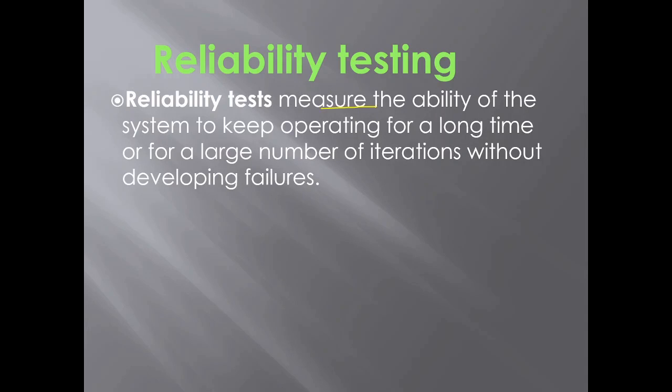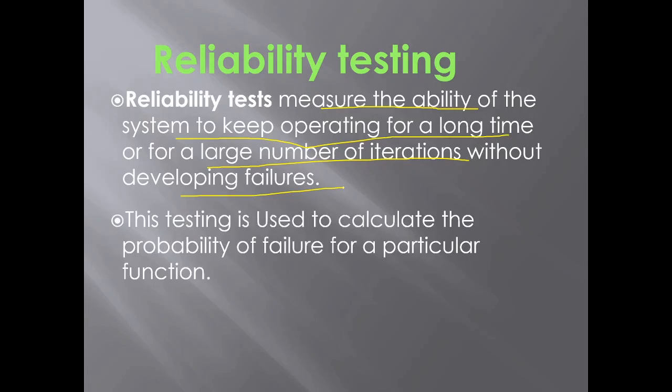Reliability testing measures the ability of the system to keep operating for a long time or for a large number of iterations without developing failures. This testing is used to calculate the probability of failure for a particular function. So in this testing you also find out the probability of failure for a particular function.